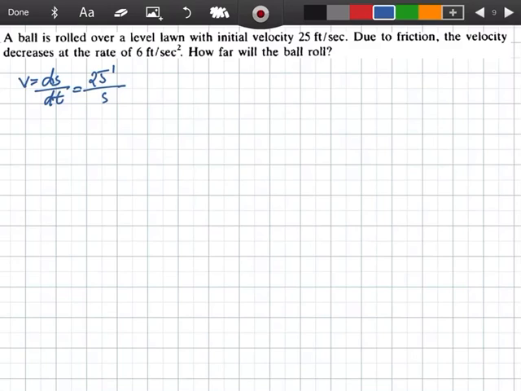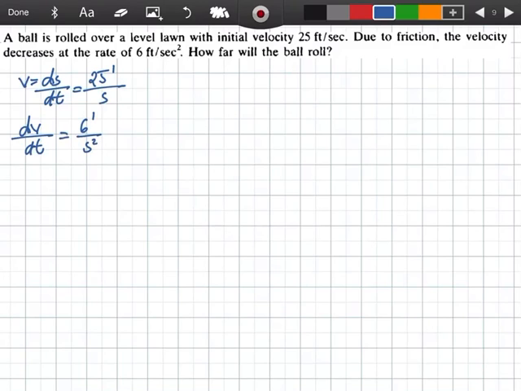Due to friction, the velocity decreases at a rate of 6 feet per second squared. So we have dv over dt, that is 6 feet over second squared.